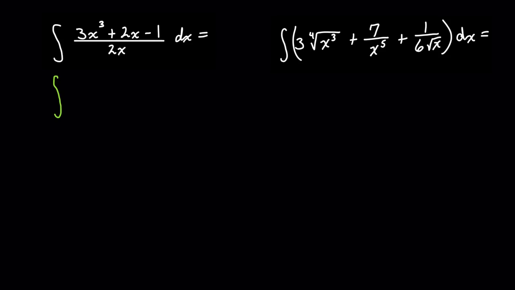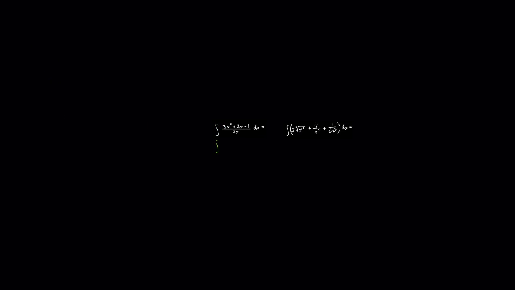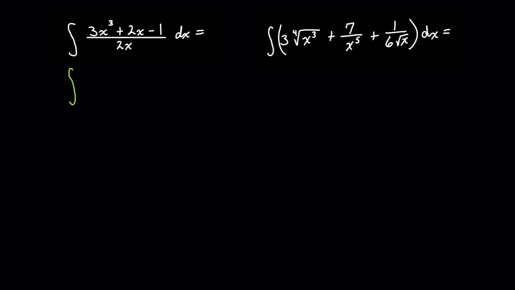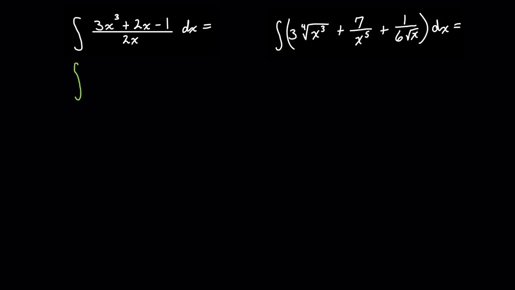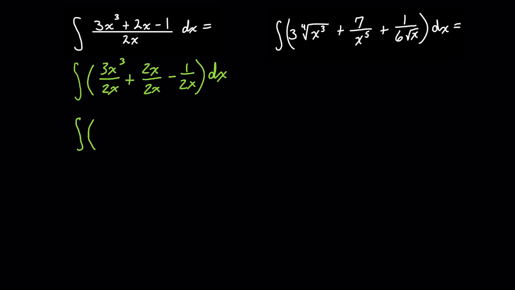So this would be the same thing as saying the integral of 3x cubed over 2x plus 2x over 2x minus 1 over 2x. So these two things are exactly the same thing. Well, what I want to do now is let's reduce these fractions.